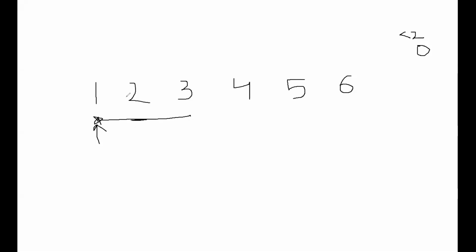Because I know I can go 2 ahead, because my minimum length is 3. Okay, then can I do the same thing, still starting from 1, but take length 4? Will that work?